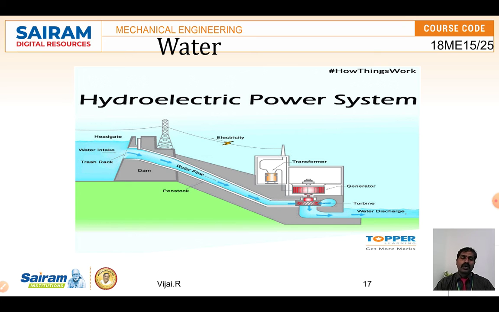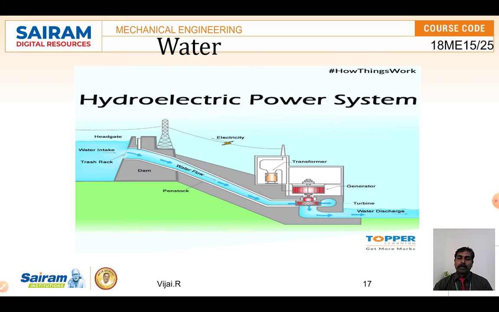So we can see how it is functioning here. The water which is stored in the dam has potential energy, and the potential energy of the water is converted into kinetic energy by moving the water through a penstock. We call it a penstock.